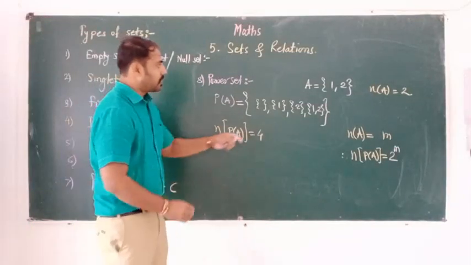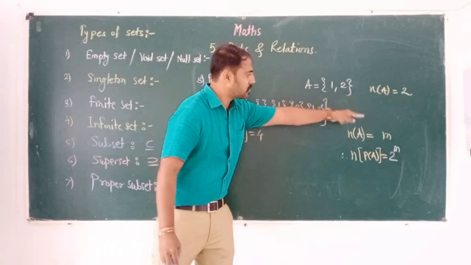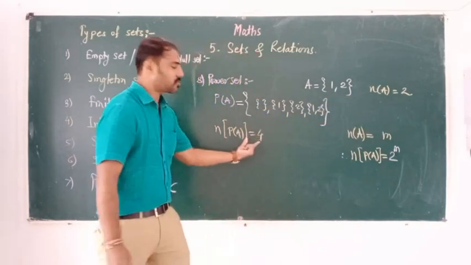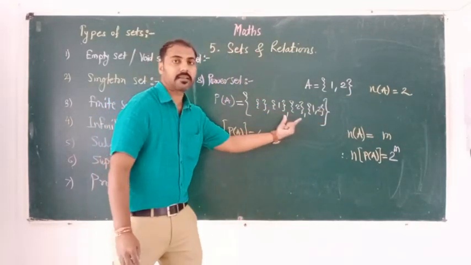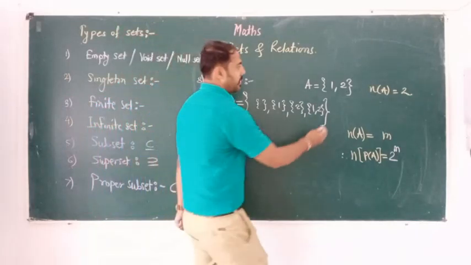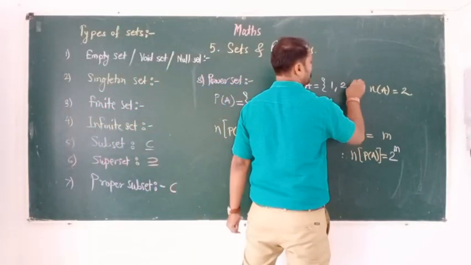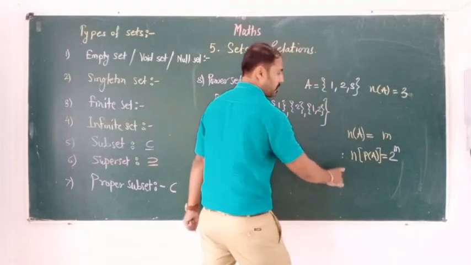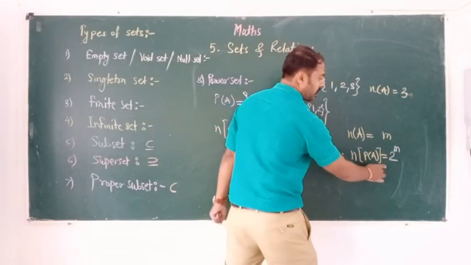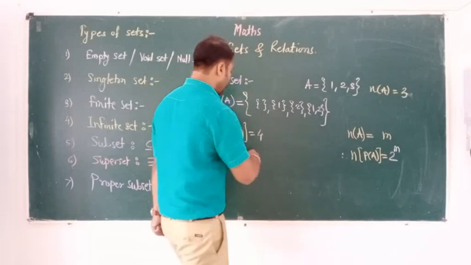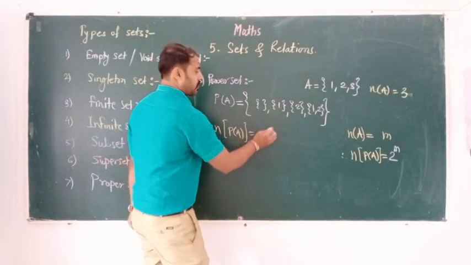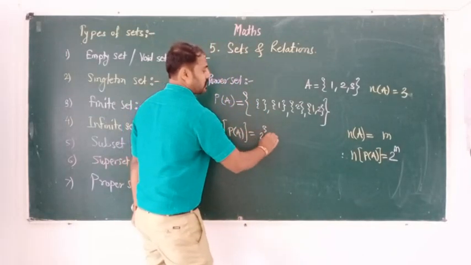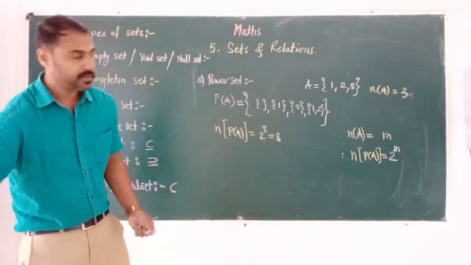N of A is equal to 2, so 2 raised to 2 is 4. If A contains 3 elements, 1, 2, 3, the number of elements in power set of A is 2 raised to 3, which is equal to 8.